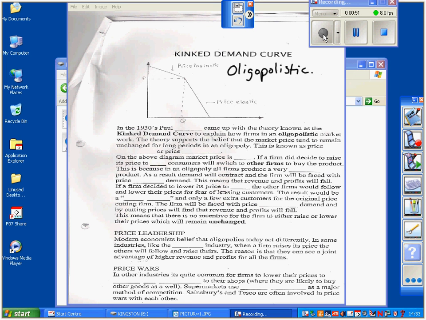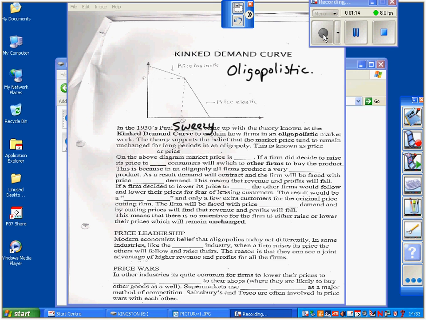The second thing, let's start at the very beginning of the text. In the 1930s, Paul Sweezy, S-W-E-E-Z-Y, came up with the theory known as the kinked demand curve to explain how firms in an oligopolistic market work.